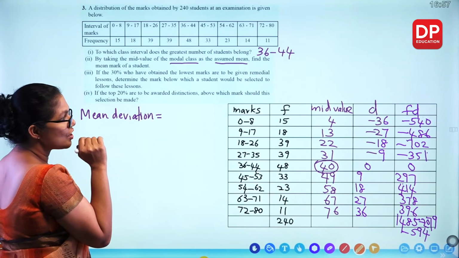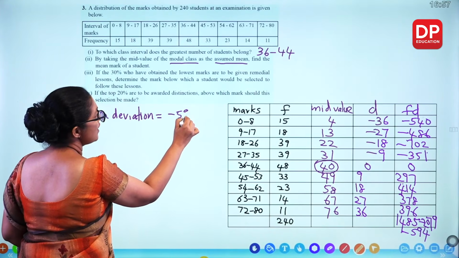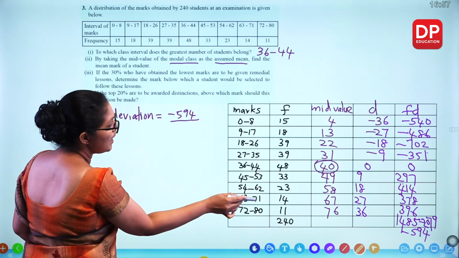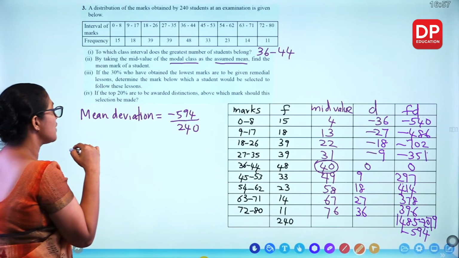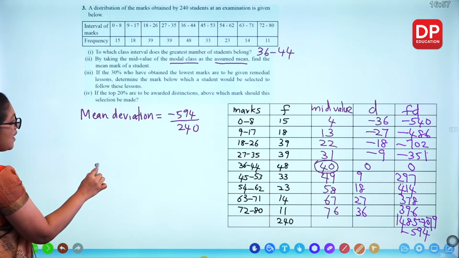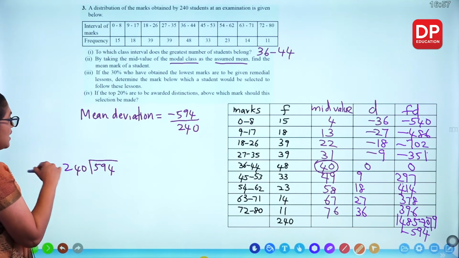So mean deviation is sigma fd, that's minus 594 divided by total 240. So what's the value? 594 divided by 240.